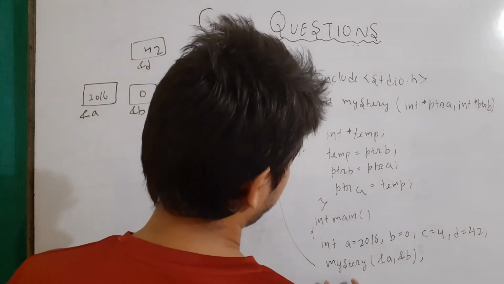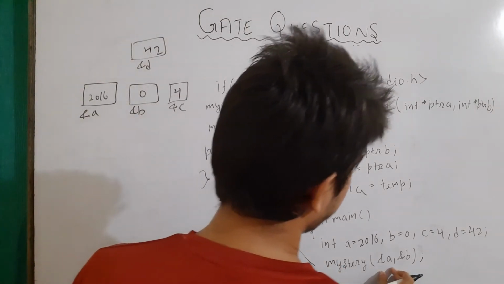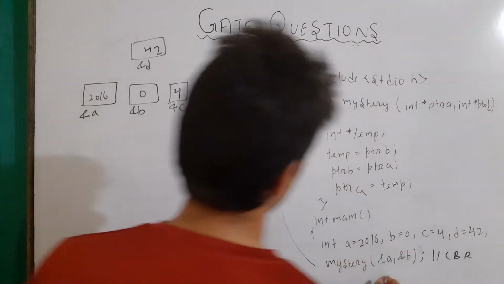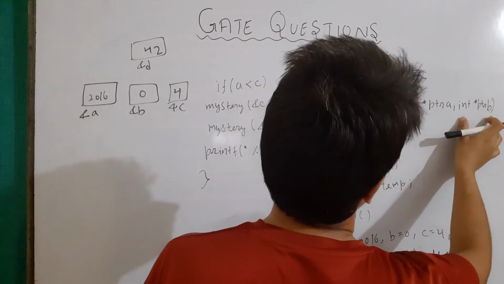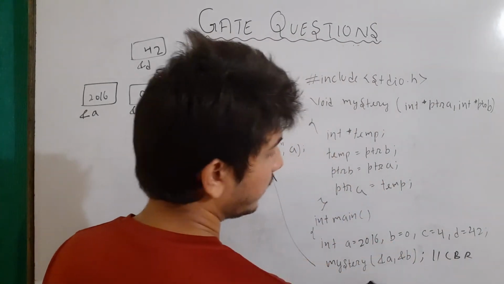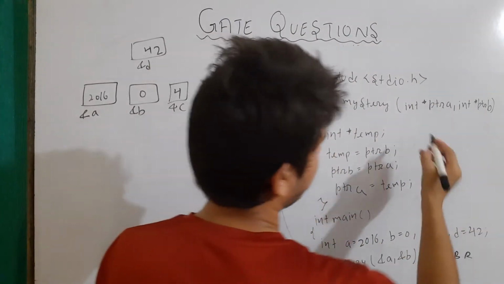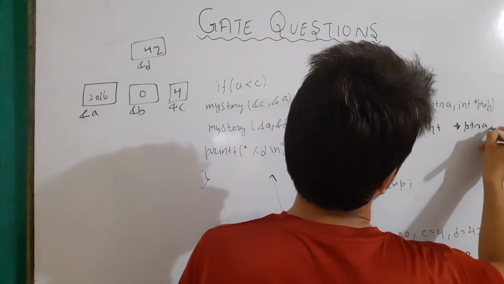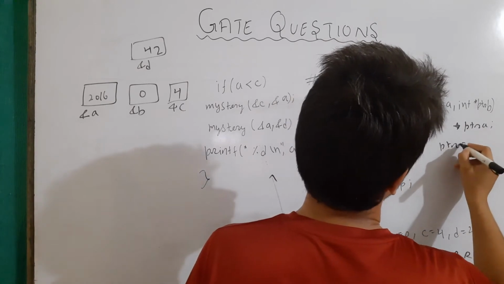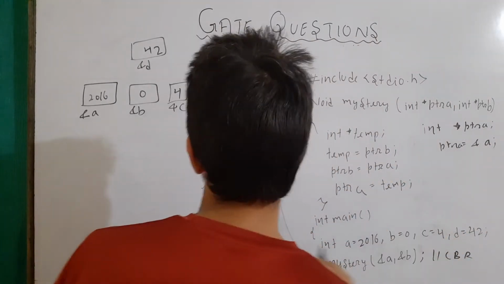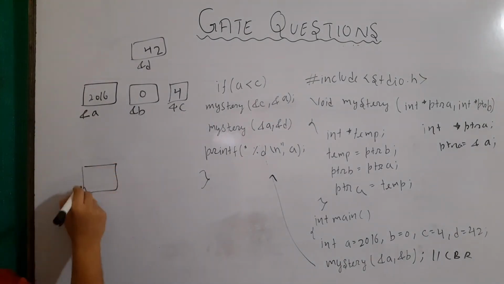Now it is calling the function and sending the addresses with the call by reference method. Okay, so here ptrA and ptrB are declared. Basically we can write this sentence in 2 parts again. The first part can be like int asterisk ptrA, and then ptrA equals to address of A. Okay, so 2 variables are there.